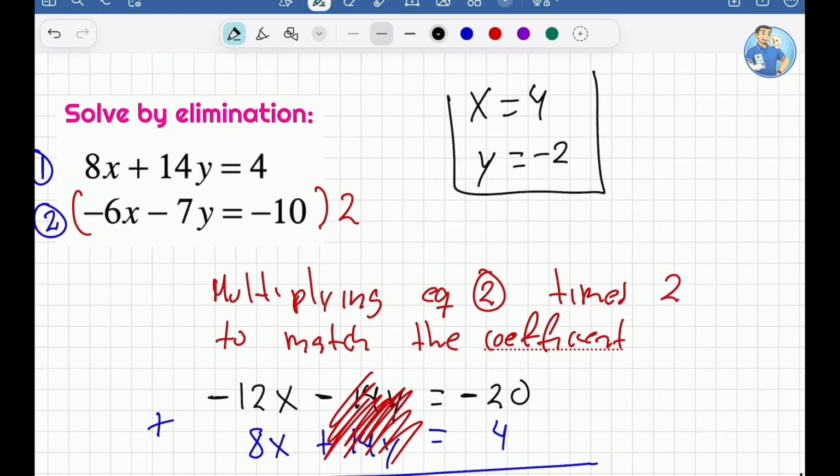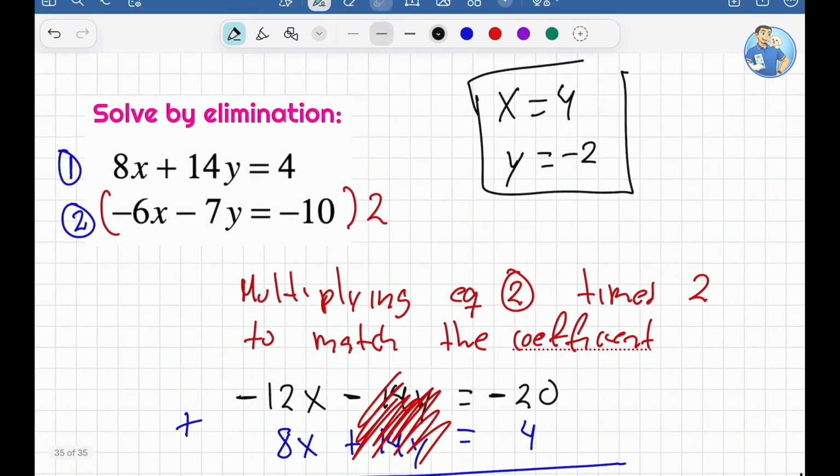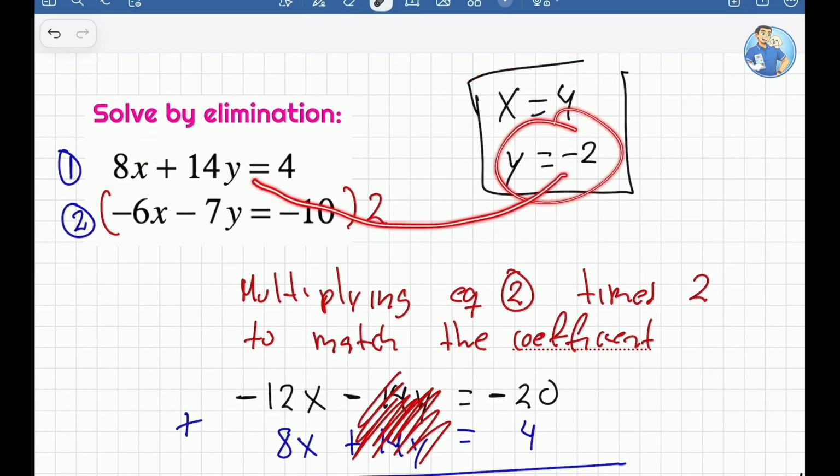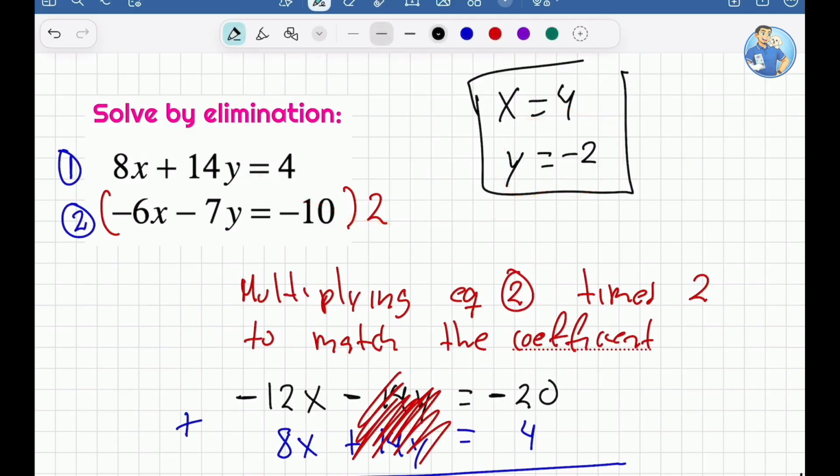If you want to verify this, you must substitute the values here, x here and y here. So for example, 8 times 4 plus 14 times minus 2. This has to be 4.